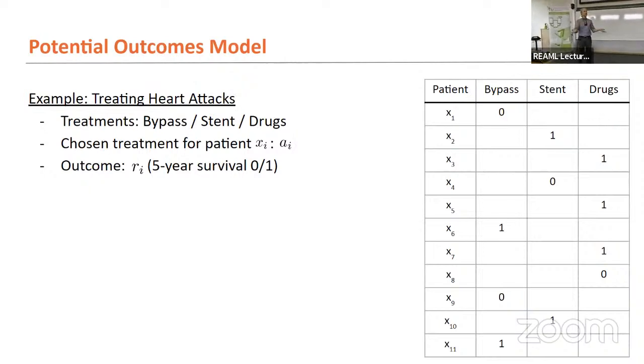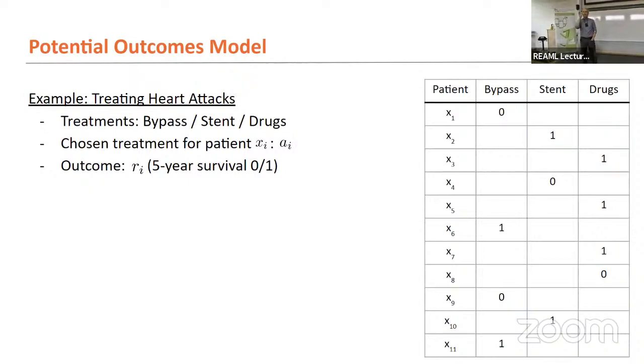And now they observe the outcome, let's say the five-year survival. Unfortunately, that didn't play out well for patient X1. For X2, they decided to do the stent surgery, and five years later, that person is still well. For X3, they decided to give the drugs, and five years later, that patient is still well.